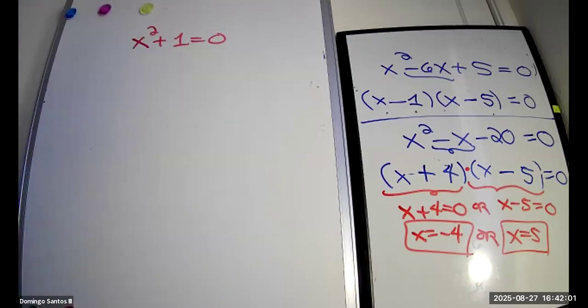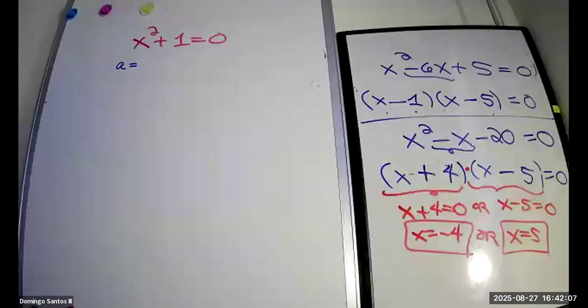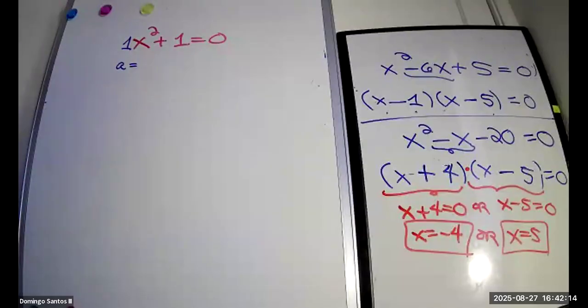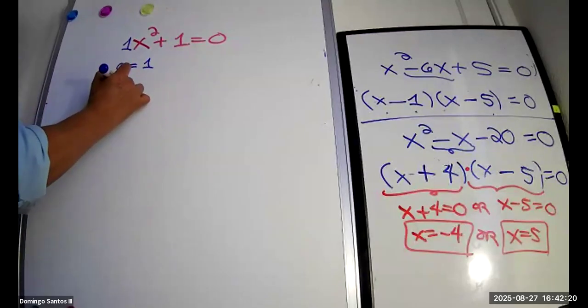Now, George, are you still there? Yes. In this case, if I'm using the quadratic formula, what is A? X squared. No, A will be the coefficient of x squared, which is 1. Okie dokie. So what's B then?